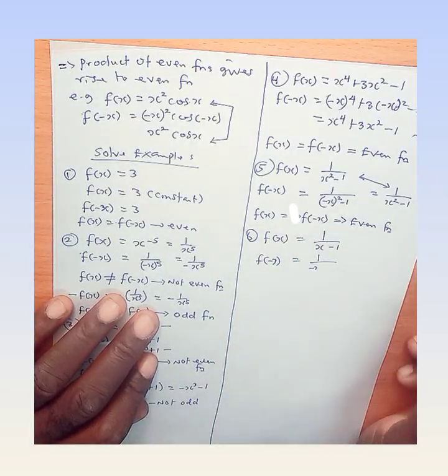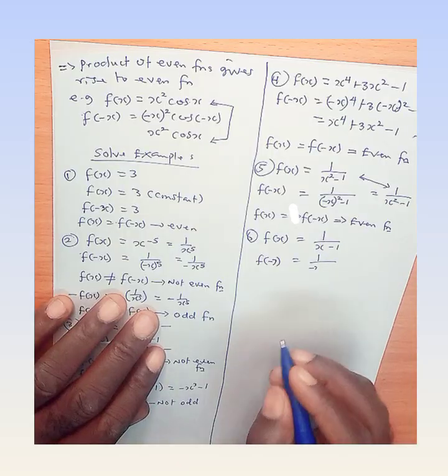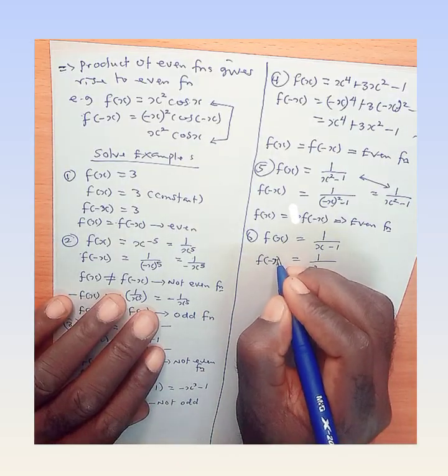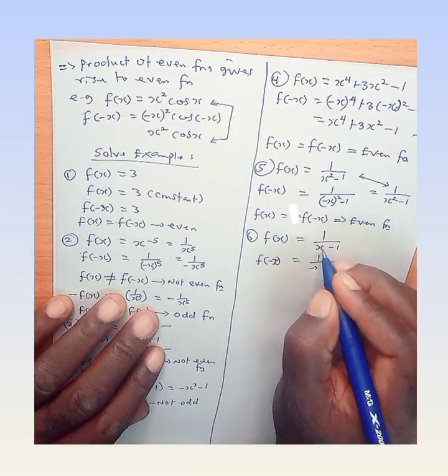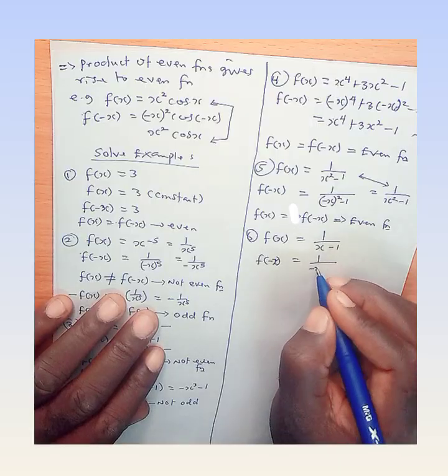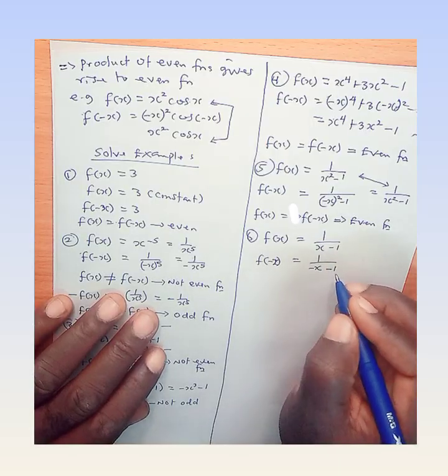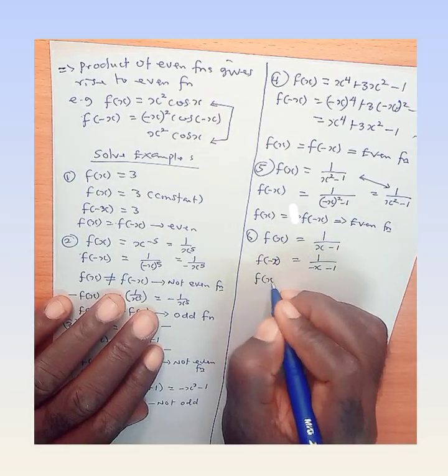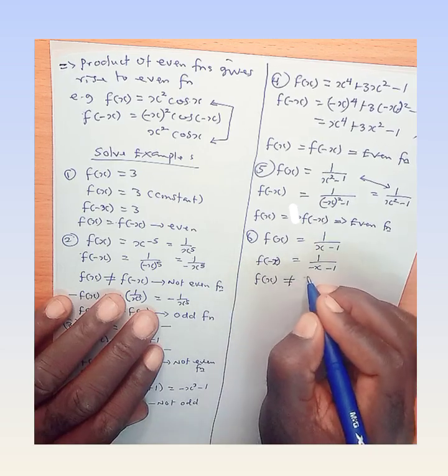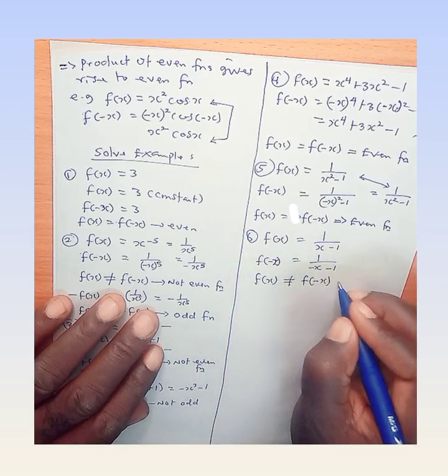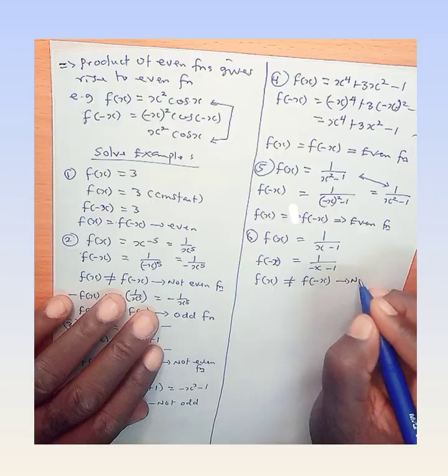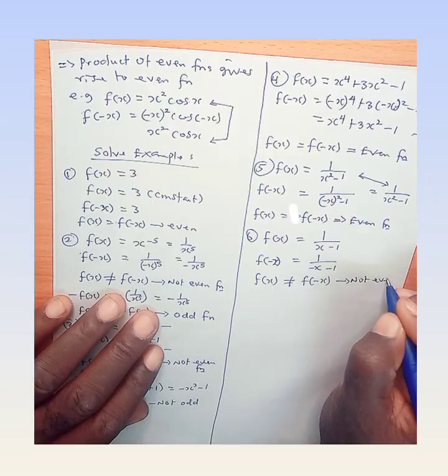Then let us test this for its negative value. Then we have f of minus x is equal to 1 over, we replace this x with minus x, then minus 1. You find out that f of x here is not equal to f of minus x. For this reason, this function is not an even function.